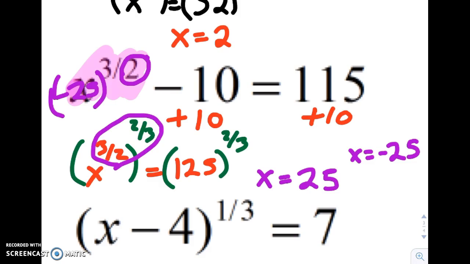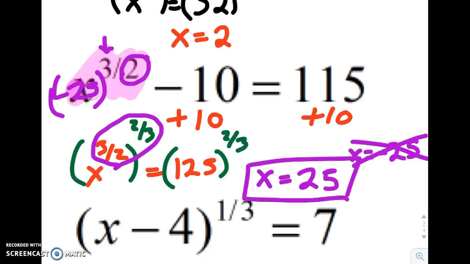So that causes a problem. If we did the 3 first, we would have negative 25 to the 3rd. That's going to be negative, it's a negative number. Okay? And so even though we've taken that power, now when you evaluate it, the square root, it still is going to blow up and you're not going to be able to solve it. So negative 25 is not a solution. It's just 25 that we need.